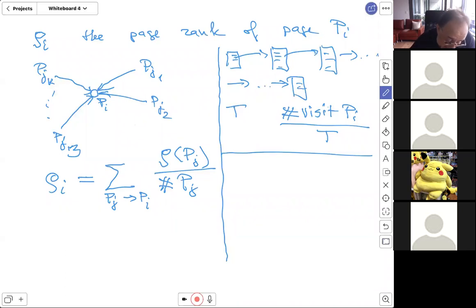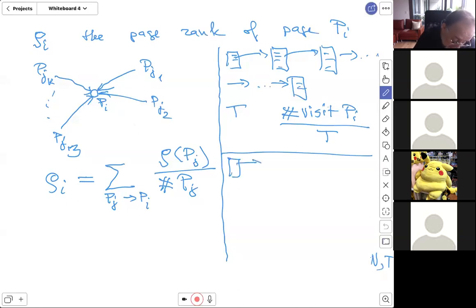Okay, another related but different intuition is the following. Rather than having one extremely long web surfing, you can do several things. One thing would be you choose large numbers, say N and T, and you do the following experiments.